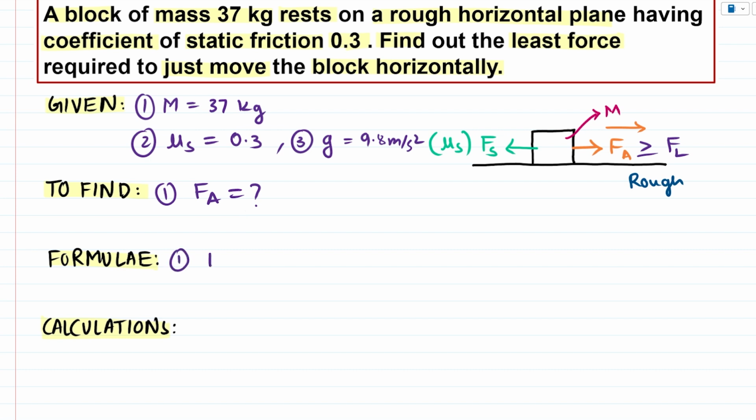Now the formula to calculate this applied force, as I said, applied force is greater than or equal to our limiting friction का force, whose formula हमें पता है is given to us as coefficient of static friction into the normal reaction. And since the block is resting on a horizontal surface, in this case the normal reaction is simply mass of the block times the acceleration due to gravity.